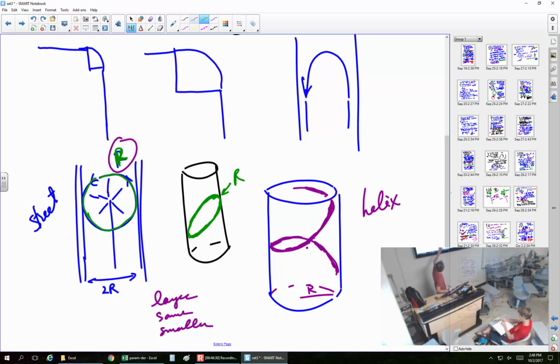So if my circle, which is actually an ellipse, is inclined, then the radius of this one is smaller. The base of the cylinder is small. So we're going to demonstrate this next time more precisely. Okay.